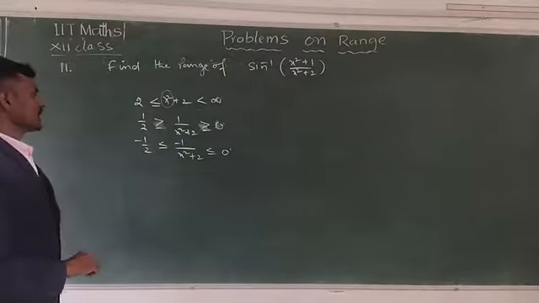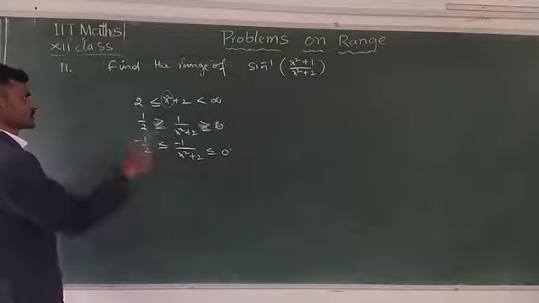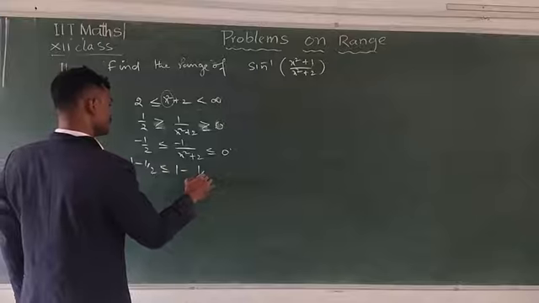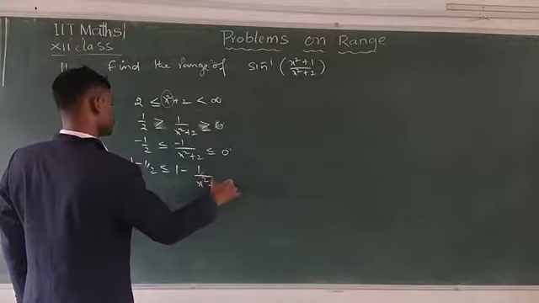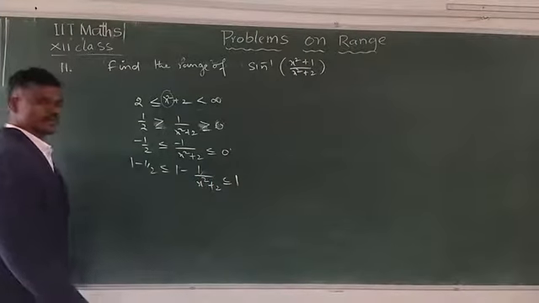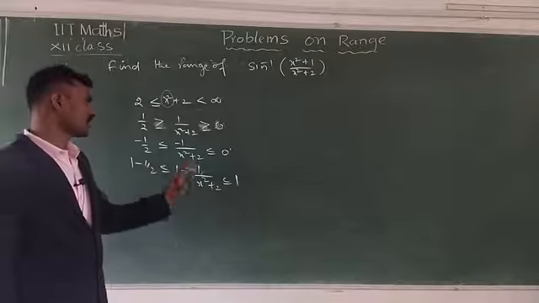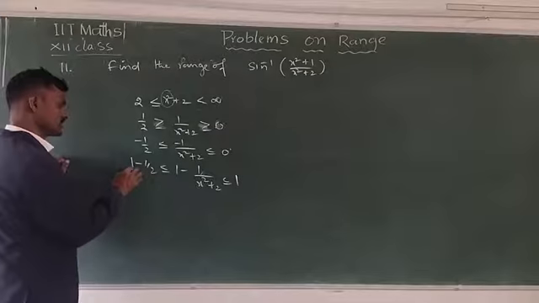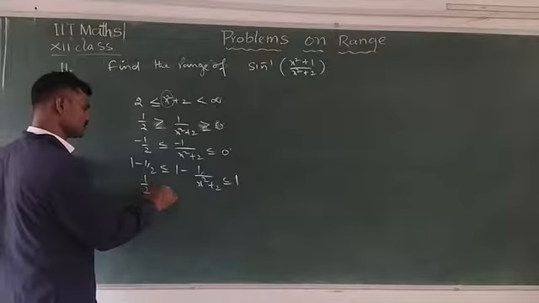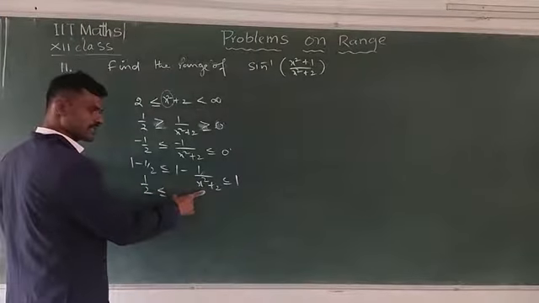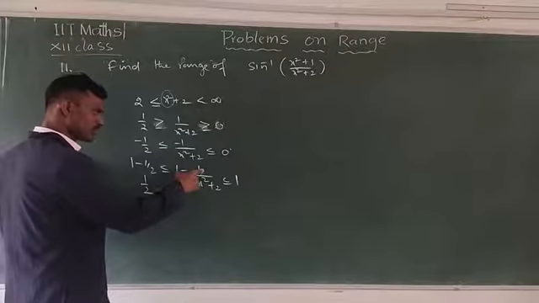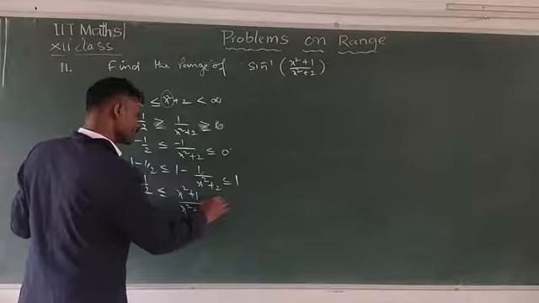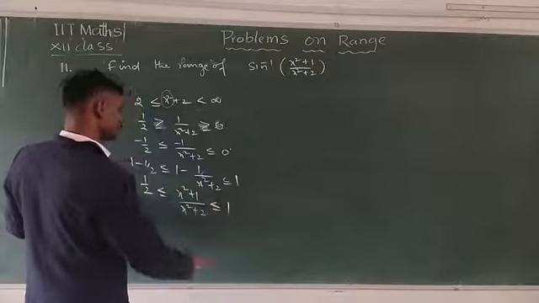Now I will add 1 to the whole inequality: 1 minus 1 by 2 is less than or equal to 1 minus 1 by x square plus 2, which is less than 1. Why I add this 1, after 2 steps you will know. See here, 1 minus 1 by 2 is 1 by 2, less than or equal to, now take the LCM, x square plus 2 minus 1 is x square plus 1 by x square plus 2, which is less than or equal to 1.